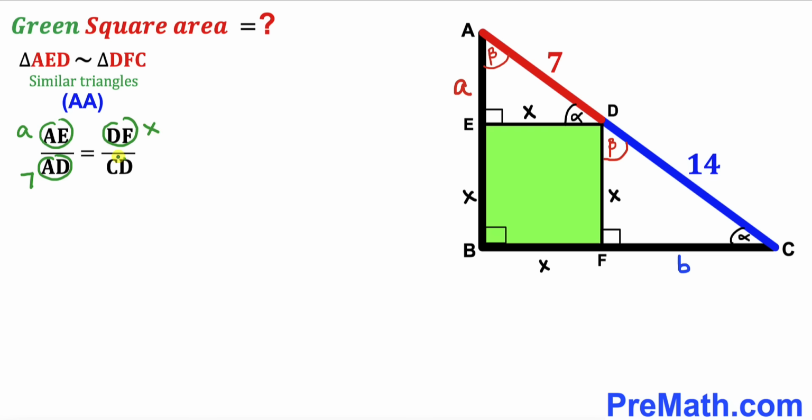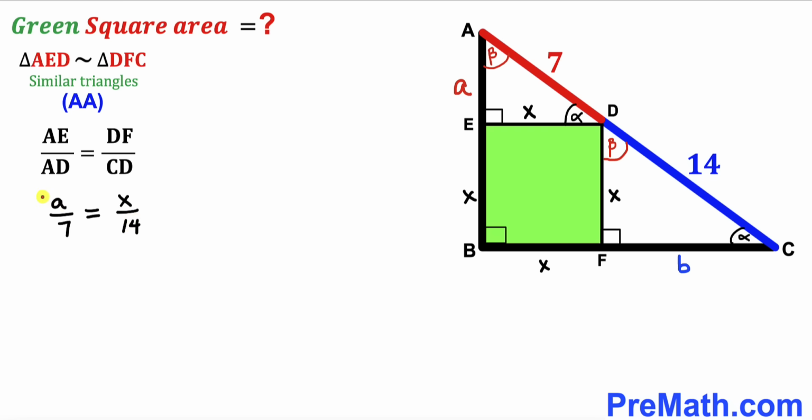And finally, our CD length is 14 units, so I'm going to replace that with 14. Therefore, we end up with a divided by 7 equals x divided by 14.